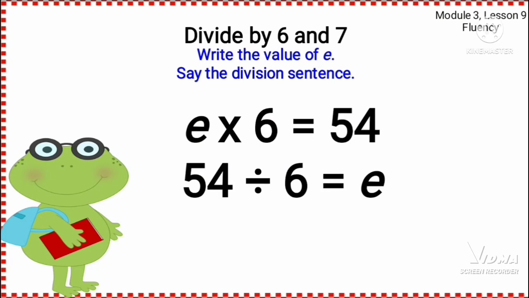What is E? E times 6 equals 54. So what is E? E is the same as 54 divided by 6. You remember how we were skip counting in 6? I always tell you, start from 6 times 5 that you are sure of.